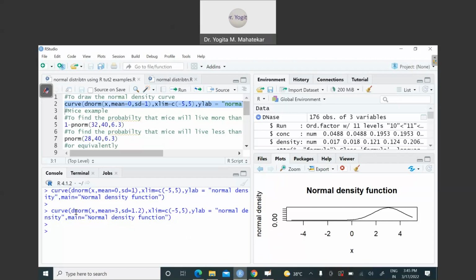The dnorm command stands for the densities corresponding to your normal random variable x, taking values from -5 to 5, and we have plotted the corresponding densities and we are getting bell-shaped curves. So the dnorm command will give you the corresponding densities, or you can say the probabilities, at a particular value x. Okay, now let us solve an example based on normal distribution.